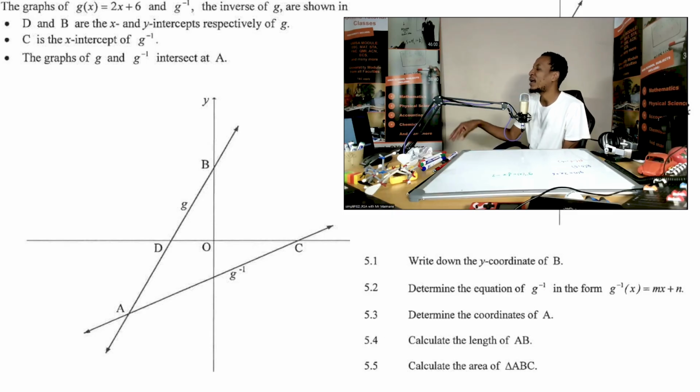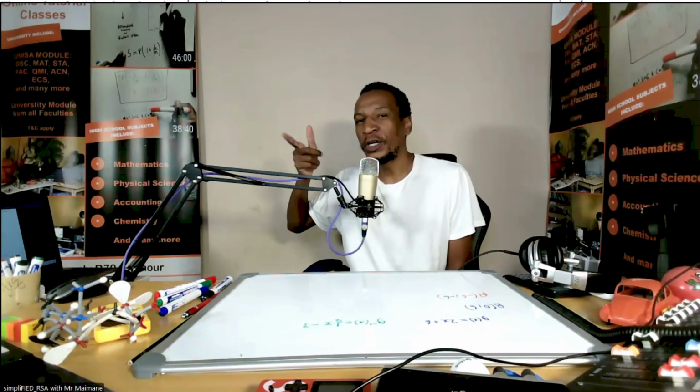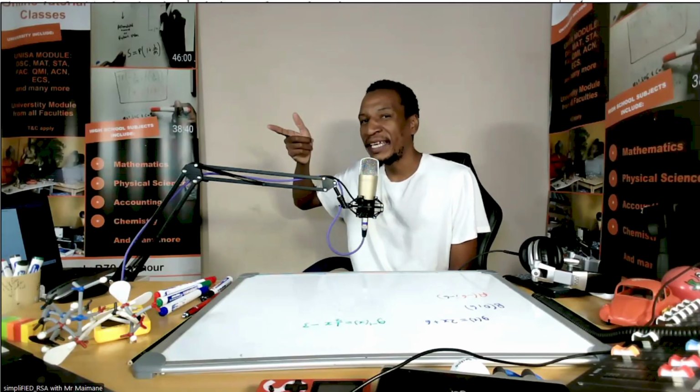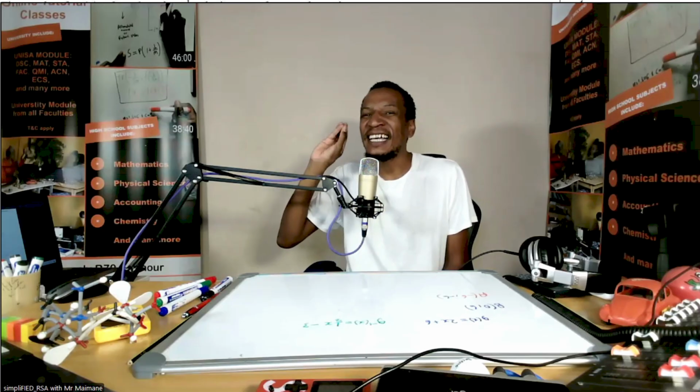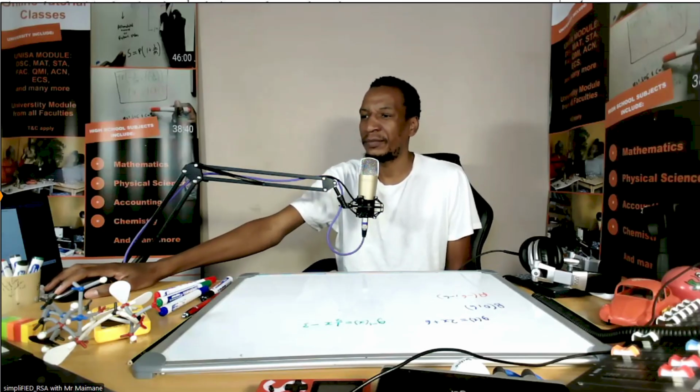But without wasting time, in 5.4, we are required to calculate the length of AB. At this point, by the way, we have already calculated the coordinates of B and the coordinates of A. But to make it make sense, let's take a closer look at the diagram.